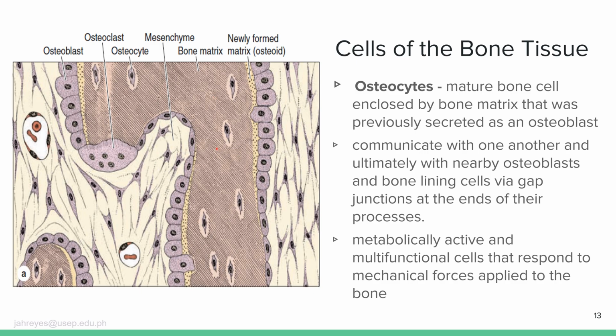Decreased mechanical stimuli can promote bone loss, while increased mechanical stimuli will promote bone formation because it responds to the need of the bone. So that's one of the main functions of the osteocytes.